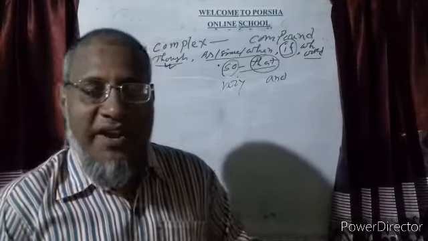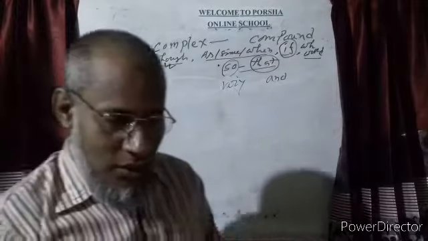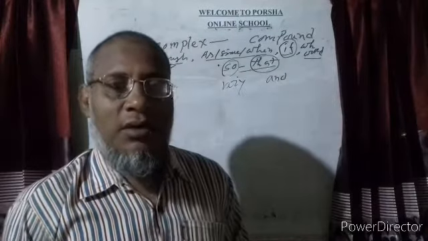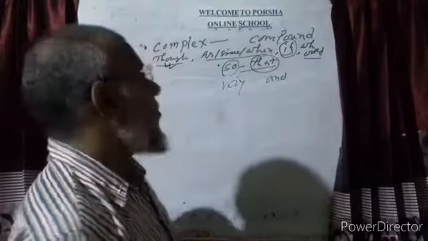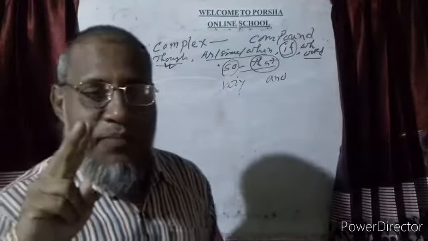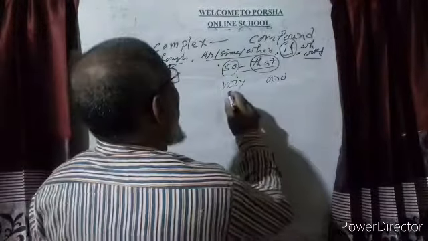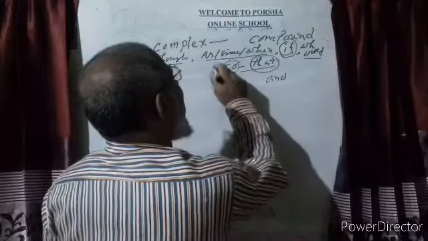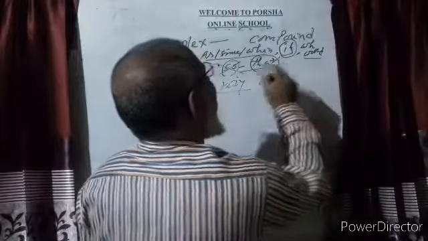Please remember, my dear student, if the complex sentence is with so that, the compound form will be the same, only we have to do two activities. Number one, very will be used in lieu of so, and number two, and will be used in lieu of that. Then it will be compound.